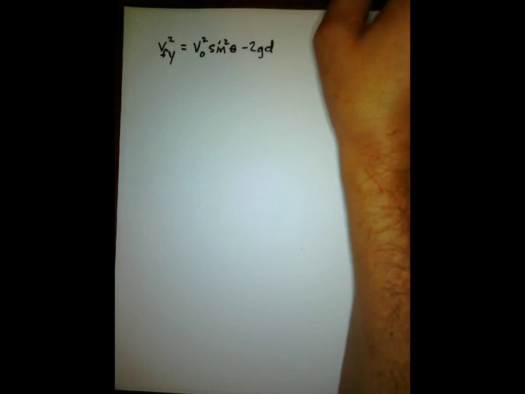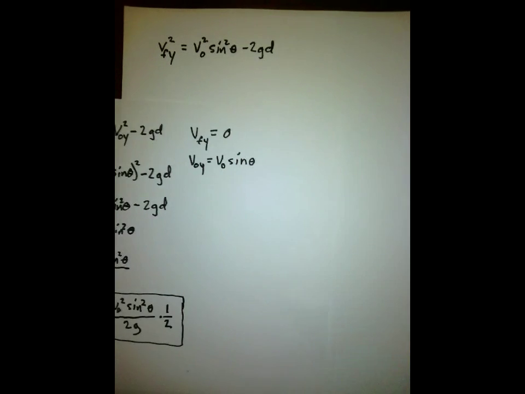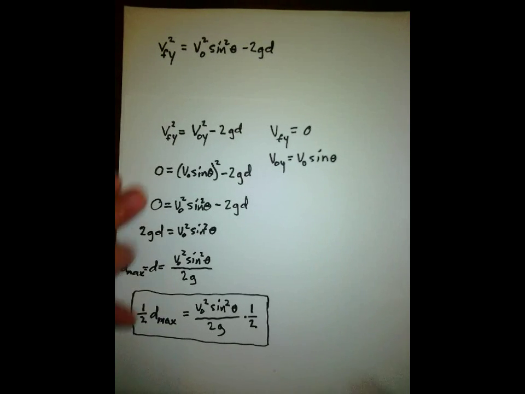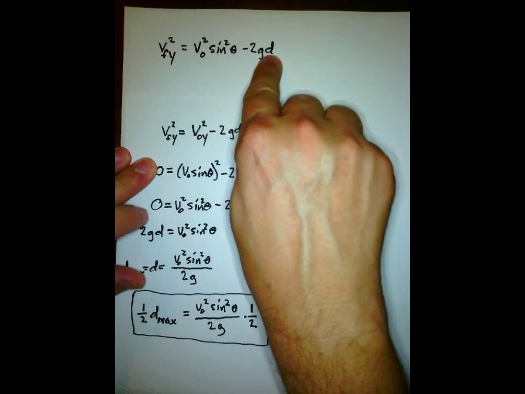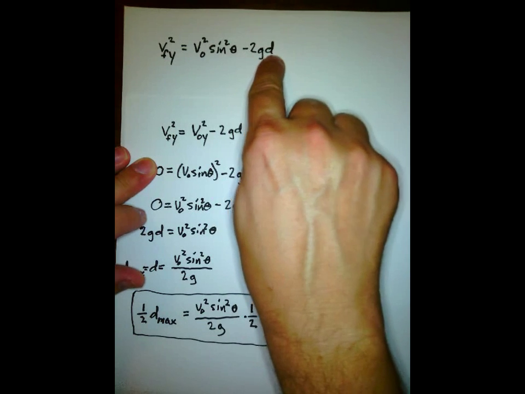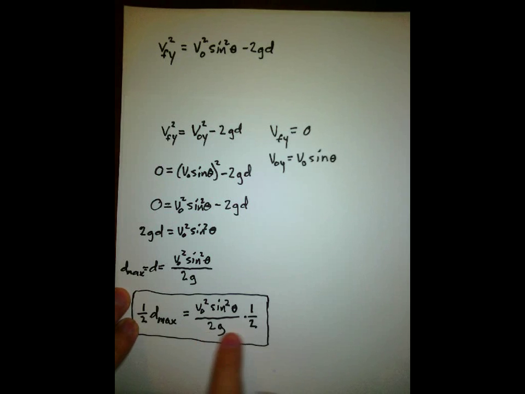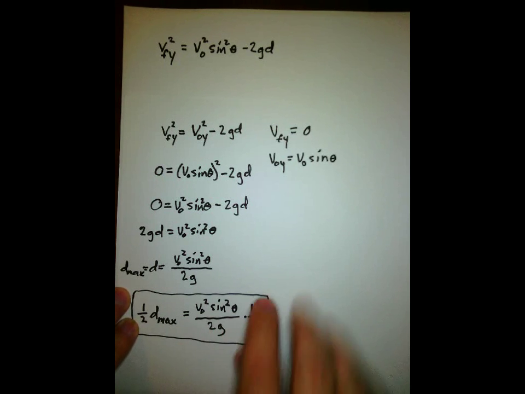Okay, so now if I put this here so we can reference it. If I put in a distance, then I can find the velocity at that distance. Alright? Well, my distance is half maximum height, which is here.